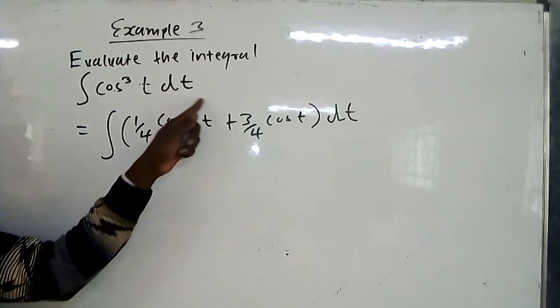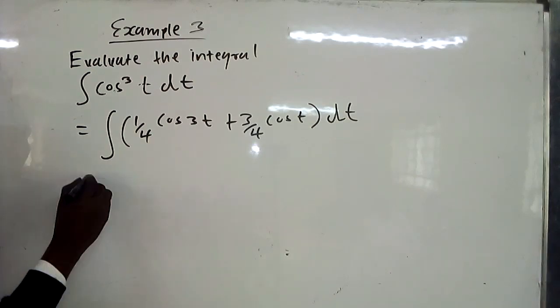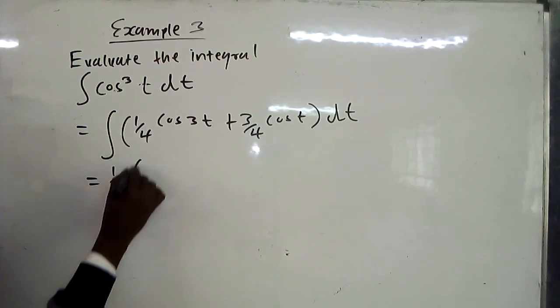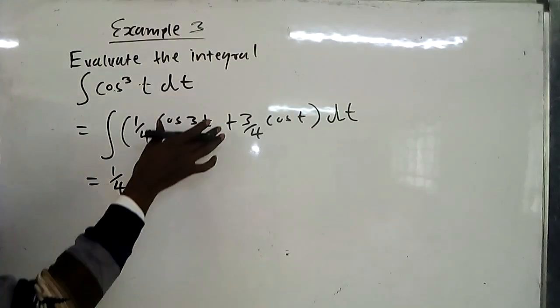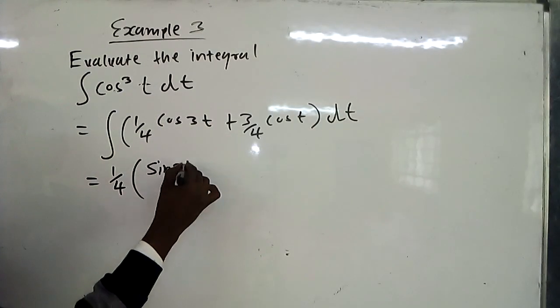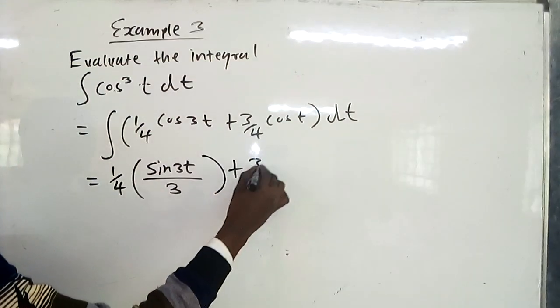You can now see the inner function is a derivative of the inner function, a constant. So start integrating. A quarter is a constant. If you integrate cos, you get positive sine, isn't it? So if you integrate cos 3t, you get sine 3t. Then you divide by the derivative of the inner function, which is 3. Are we together? Then you move plus, here the constant is 3 over 4.